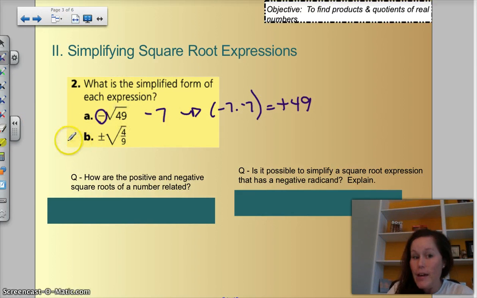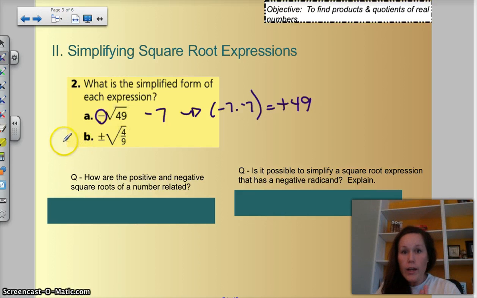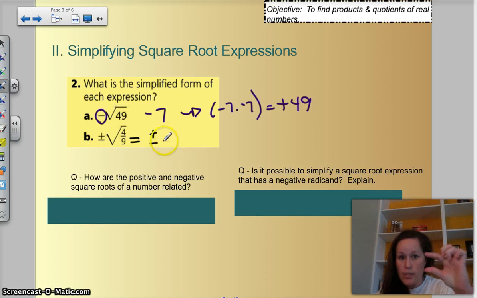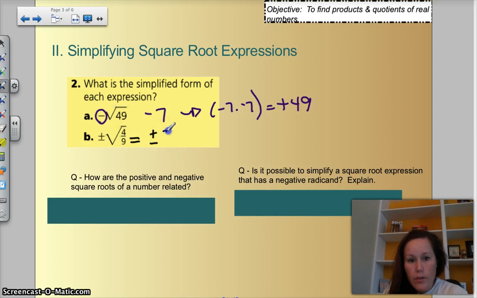In number B, I'm looking for the positive or negative square root of 4/9. Let's distribute that radical symbol to the top and to the bottom, and we'll work from there. It's not scary. So we're going to have positive or negative, we're just going to literally put those two signs right on top of each other, of the square root of 4 over the square root of 9.